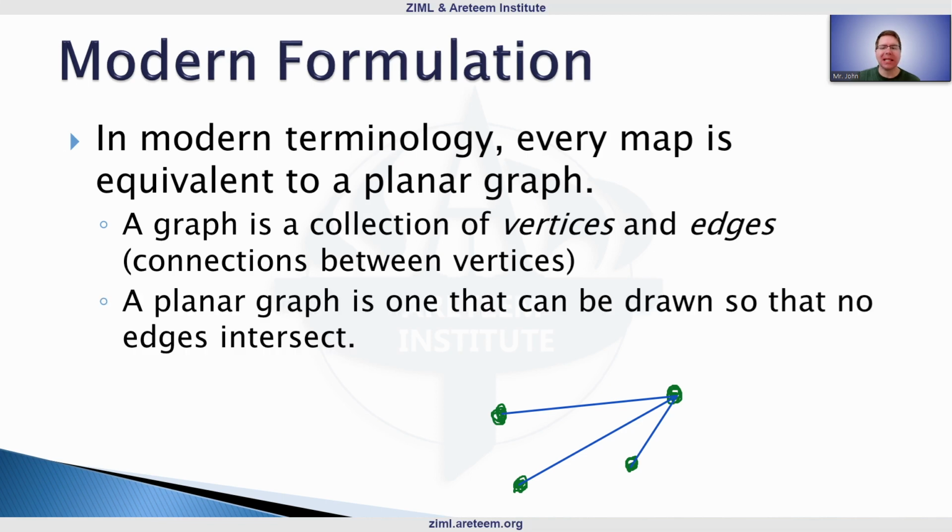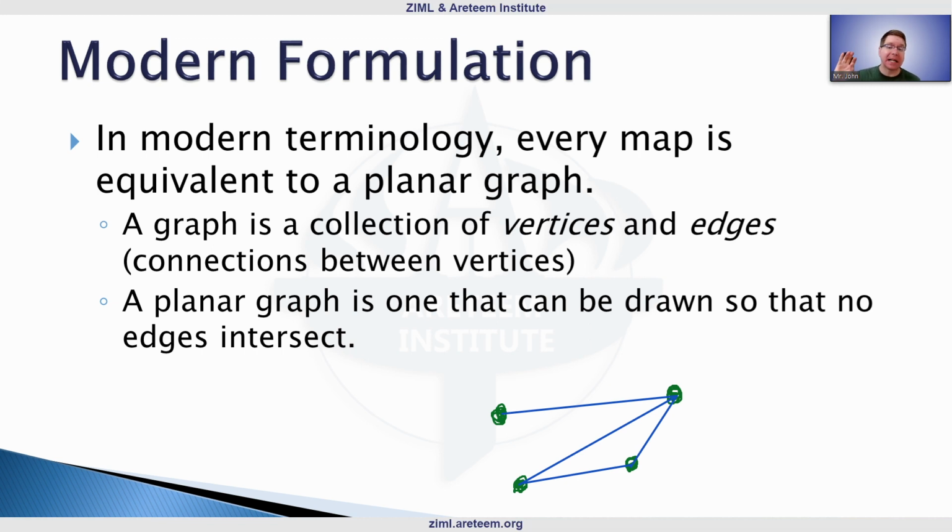And what is a planar graph? A planar graph is one that can be drawn so that no edges intersect when you're looking at this picture. And we'll come back to this a little bit later, right? But even if I add another edge here, this is clearly a planar graph. We have the 4 vertices, we have the edges drawn, there's no intersecting edges and things like that there.